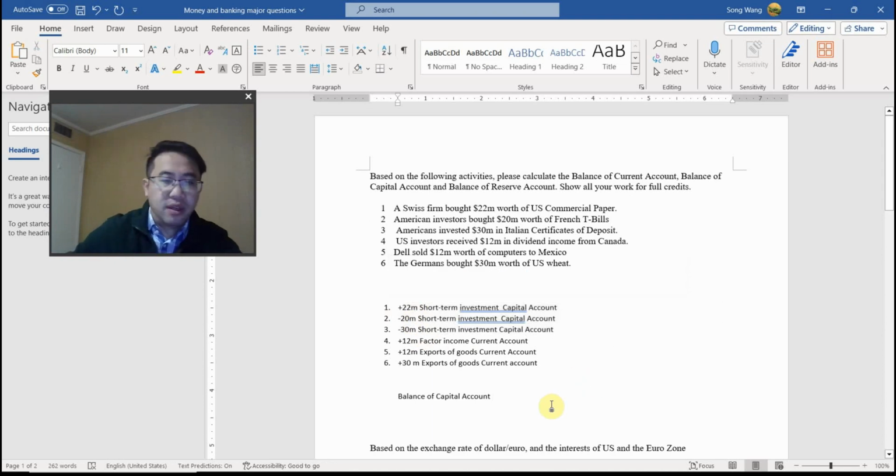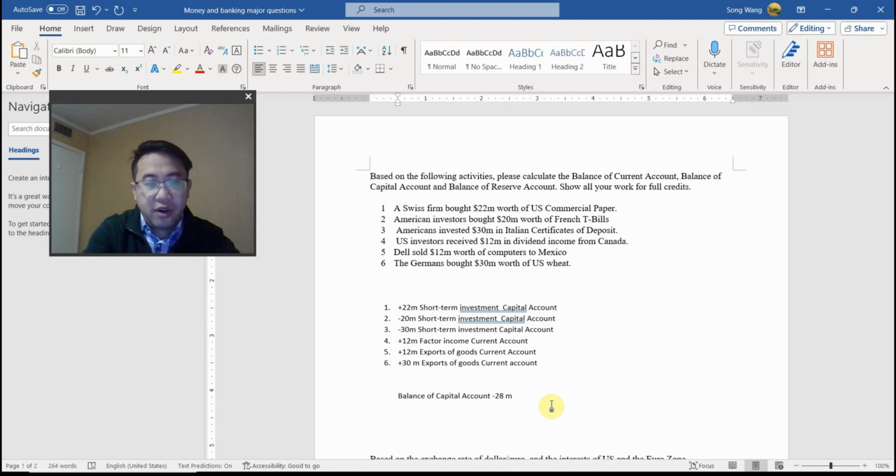So that's going to give you negative 28 mil. And for the balance of the current account, you add up all these 3 numbers. You can see these are all positive, and they should add up to 54 mil.